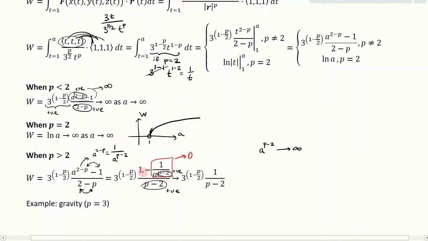And when we have 1 minus 0 over something, multiplied by some number, we still just get a finite number. We get 1 over p minus 2 times this. So this is finite. So the only case where work is finite is when p is greater than 2.